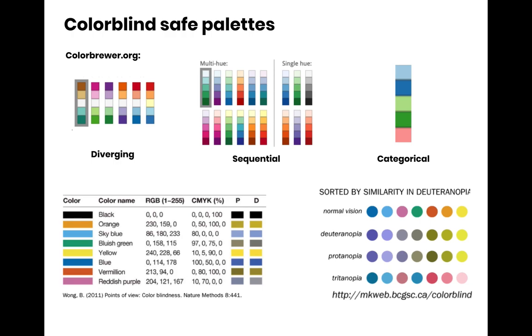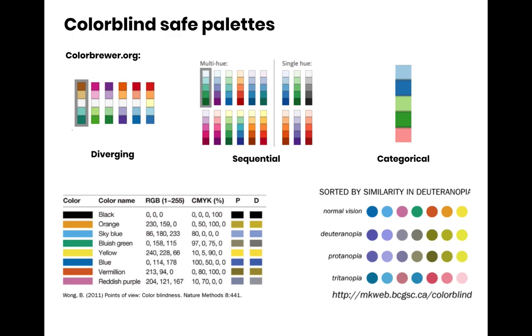So how to choose a colorblind safe palette? Of course, you can always upload your visualization, and this is also recommended. But there are a set of predefined color scales that are good. For example, if you go to colorbrewer.org, it gives you a little checkbox where you can say, I want only colorblind safe scales, and it will give you only those color scales that are colorblind safe.